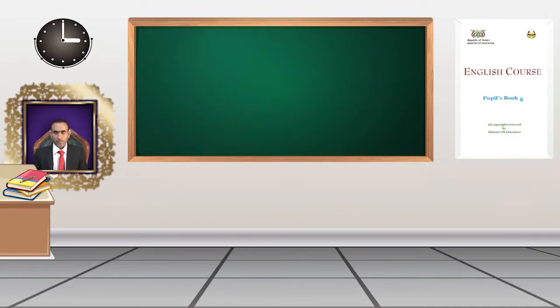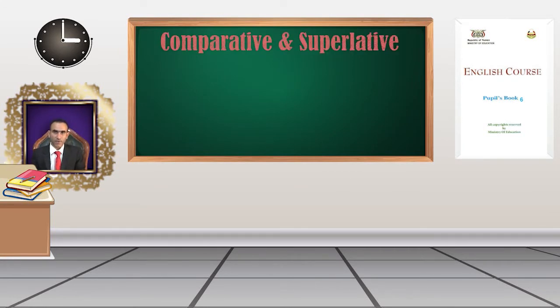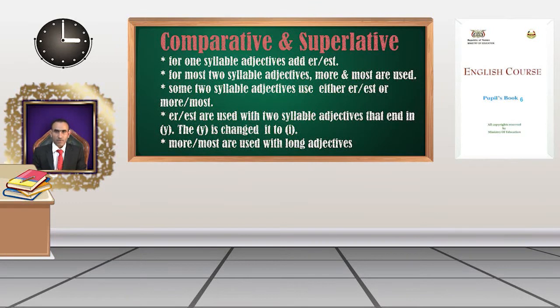Again, we discussed the comparative and superlative forms of adjectives. For one syllable, we add ER or EST to the adjective. For most 2 syllable adjectives, more and most are added.